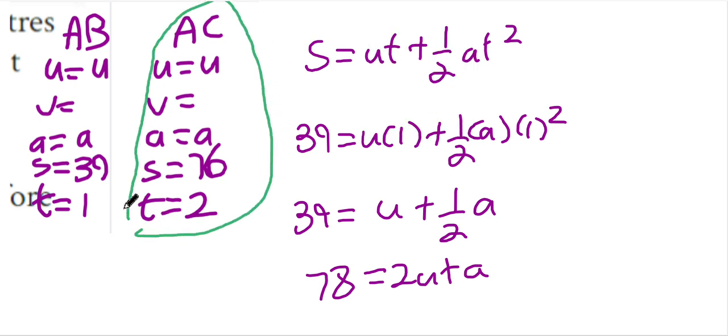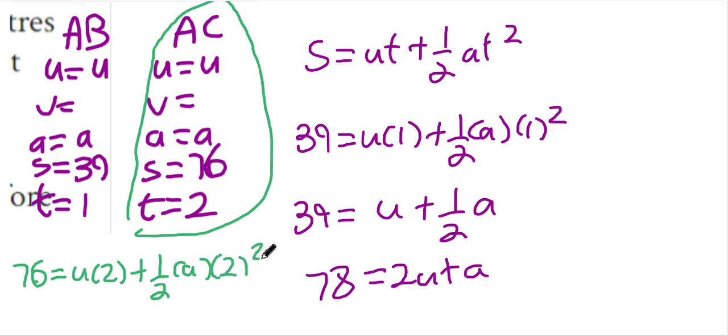Then my second equation is this one here. I'm going to do pretty much the same thing. It's going to be 76 equals u times 2 plus a half a times 2 squared. 76 equals 2u plus 2a.